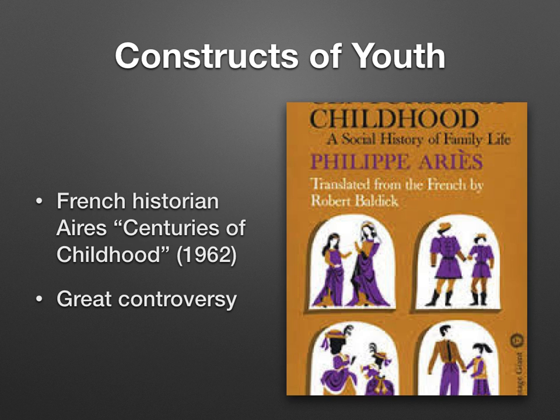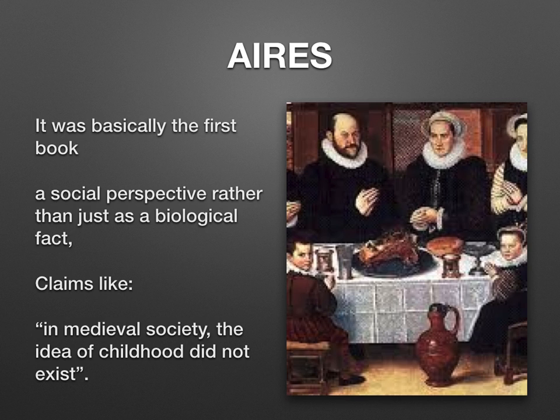The first reason is that it was the first book that looked at young people from a social perspective rather than just a biological perspective. The other was that it raised great controversy because he made claims like in medieval society the idea of childhood did not exist. And so the book was very controversial in its day, and it's still debated today.